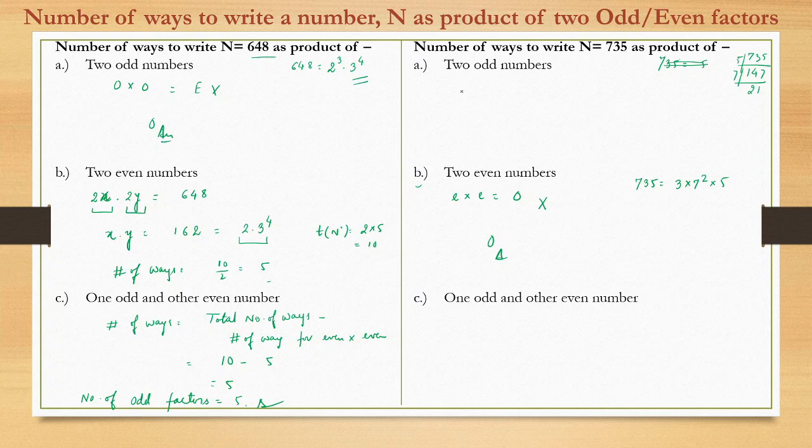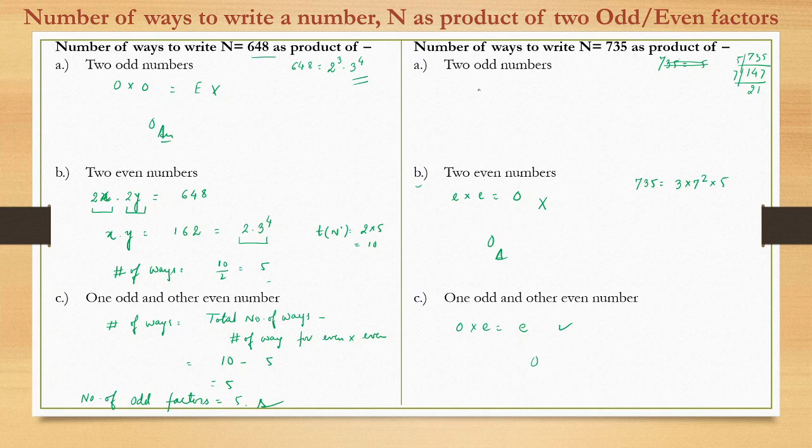Now we'll see the odd and even case. Again, let us see this C part further. Can odd and even multiply to give odd? Odd and even always give an even number. You multiply 2 with 3, it gives 6. So it's always an even number. So again, odd and even factors cannot multiply to give an odd number. So here also it's a 0.